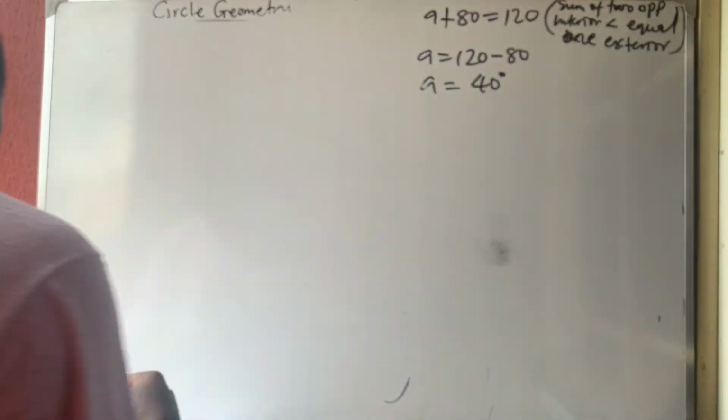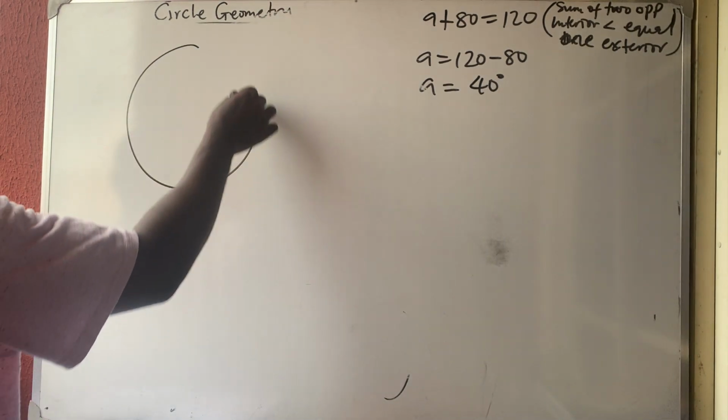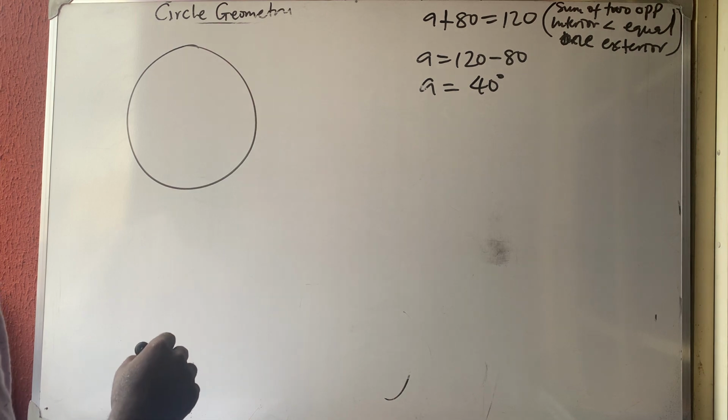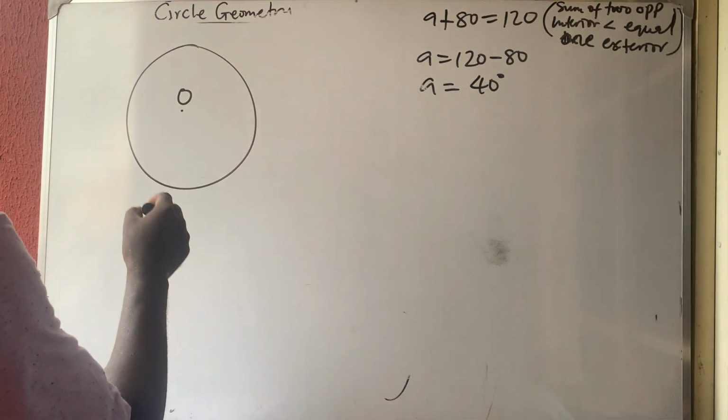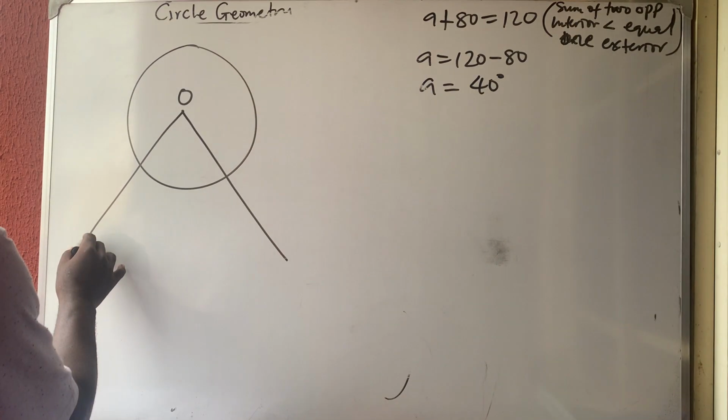We keep moving. The next question said we have a circle like this, and we have the center of the circle O. We have a triangle that is even outside it.